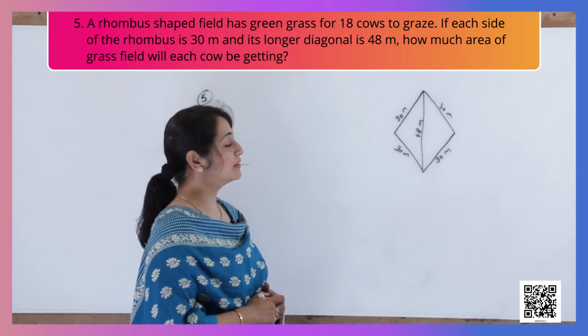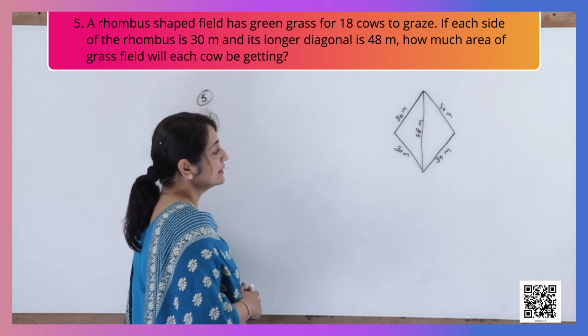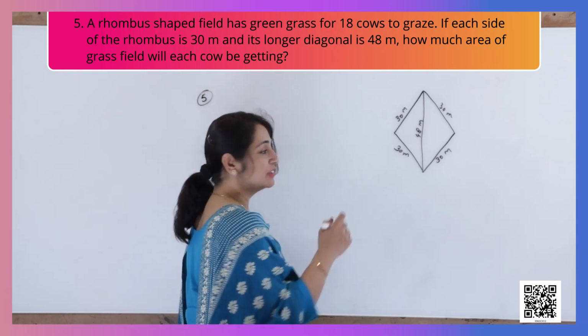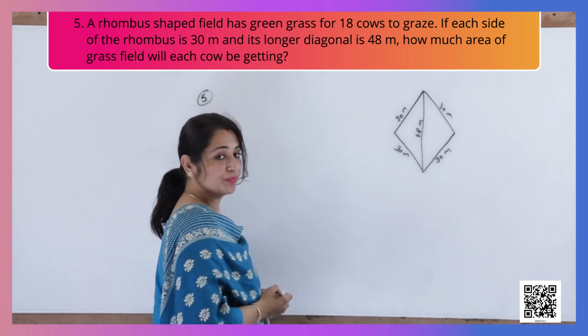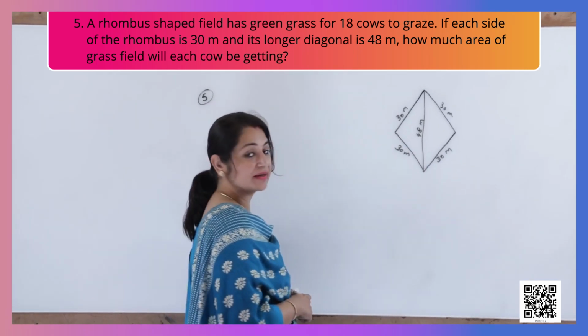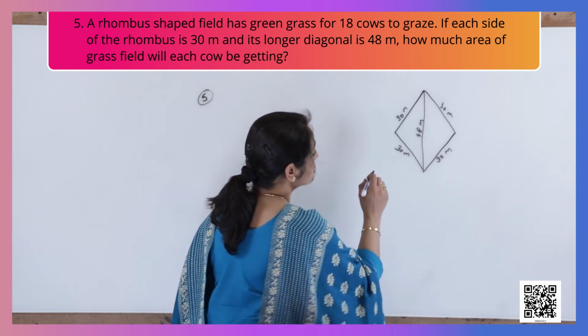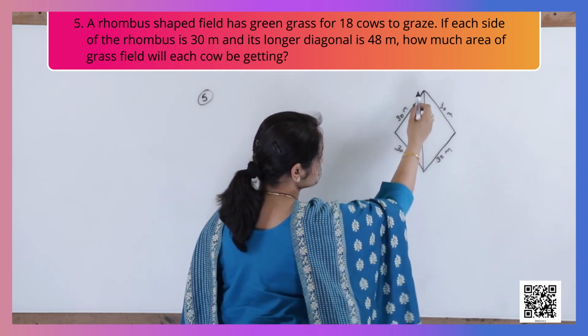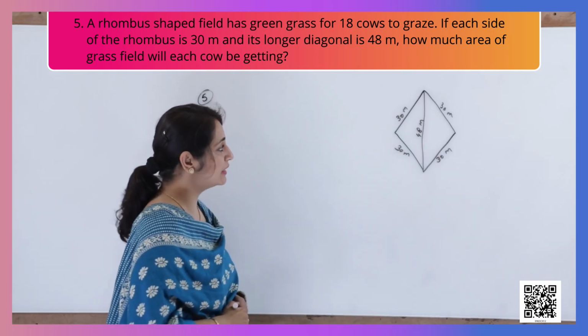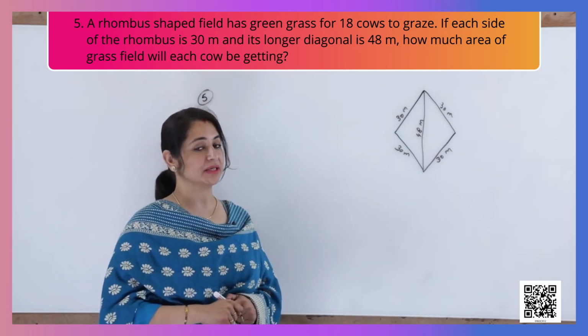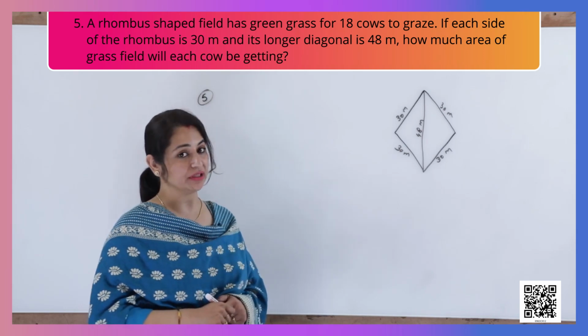By simply looking at the rhombus, we can easily tell that to find out the area of the field, we just need to find out the area of this triangle and then multiply it by 2 because both the triangles are equal, that is congruent. So we know all the three sides of this triangle, 30, 30 and 48. So we can easily calculate the area and then we will multiply it by 2 to get the area of the field.